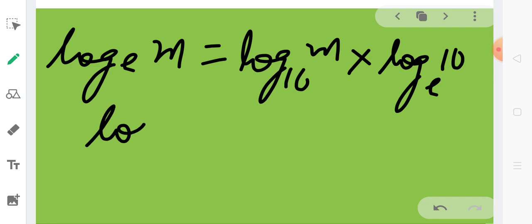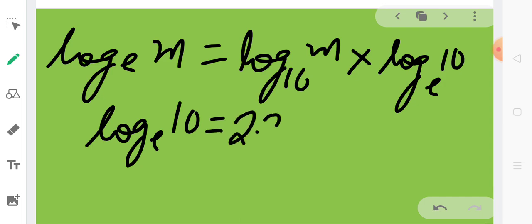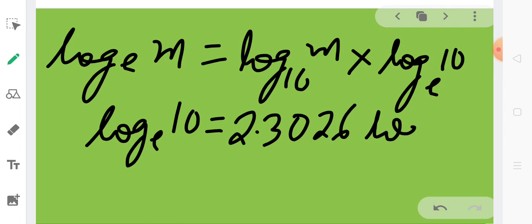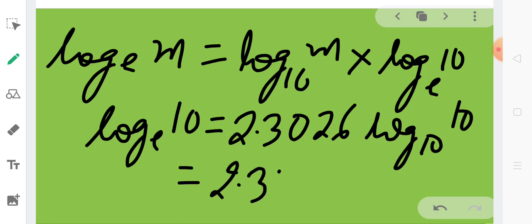Now log of 10 will be equal to 2.3026 times log, and this is equal to 2.3026 into 1. Log 10 is equal to 1.